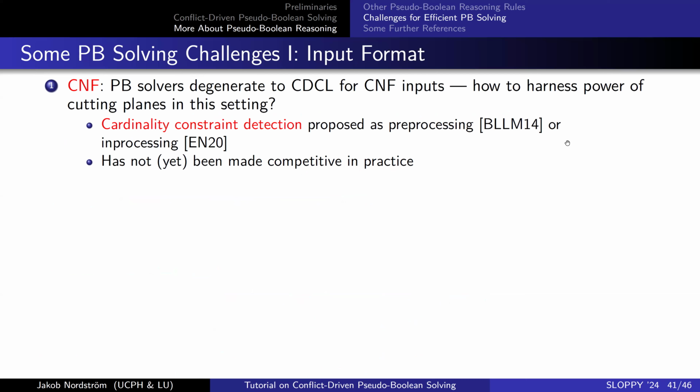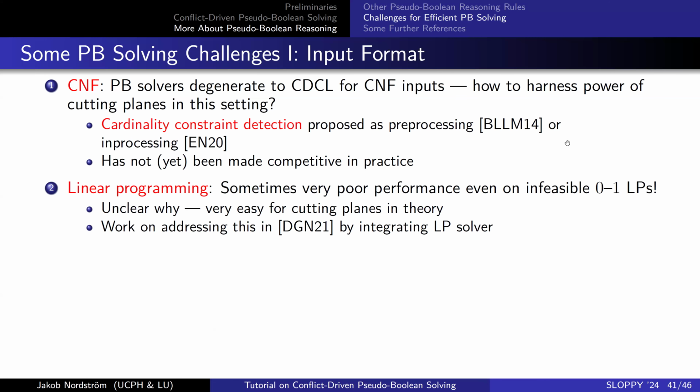Okay, so again, what problems do we have? We have that the CNF input is very problematic. What could be done about this? Well, there are some papers that propose to detect cardinality constraints either as a pre-processing step or on the fly. It's not efficient enough in practice, at least not yet, but this is an interesting research problem.